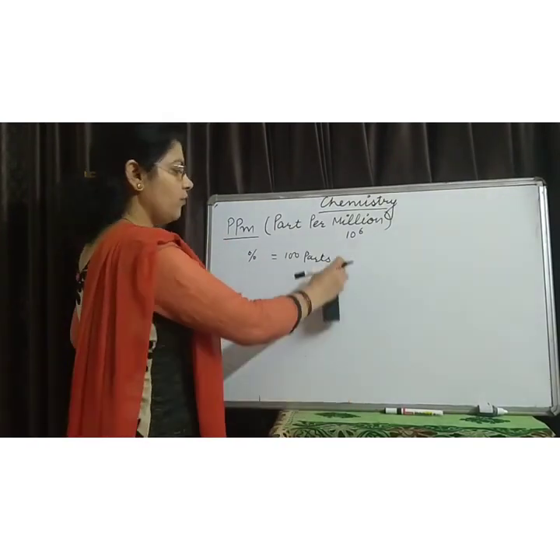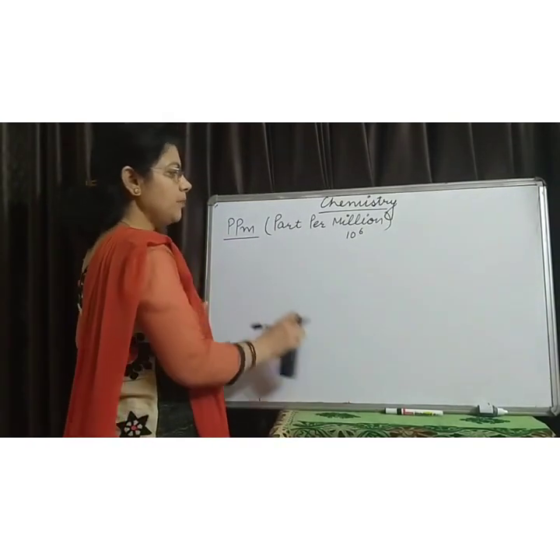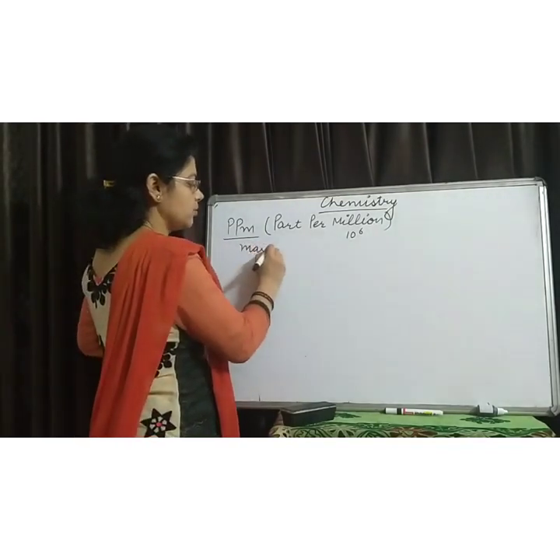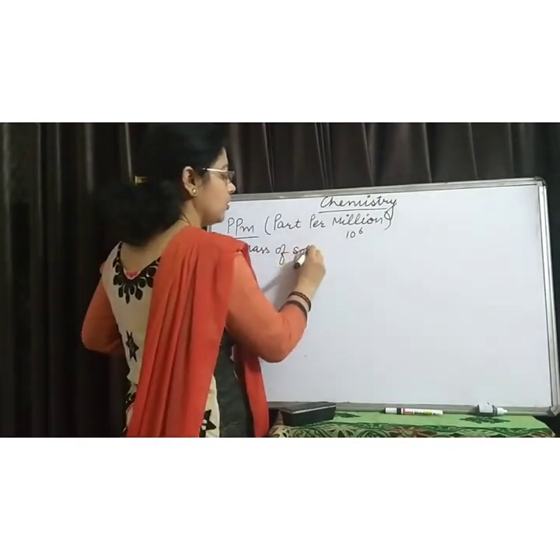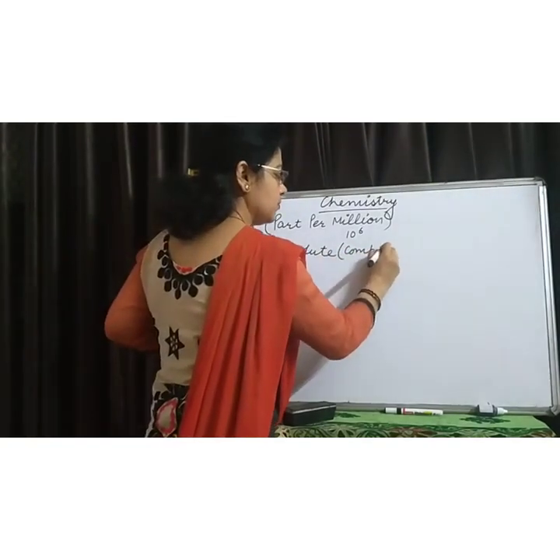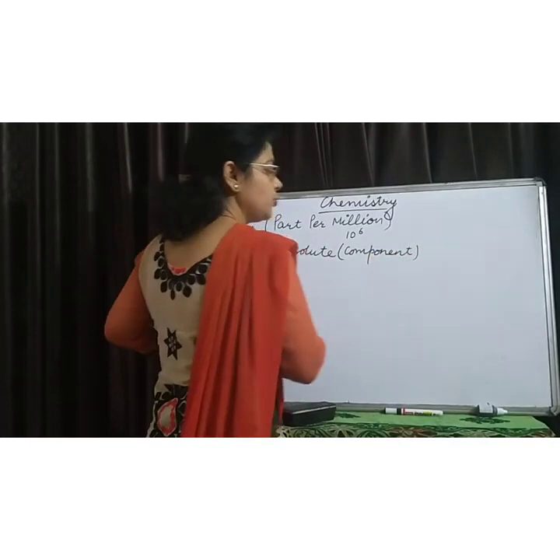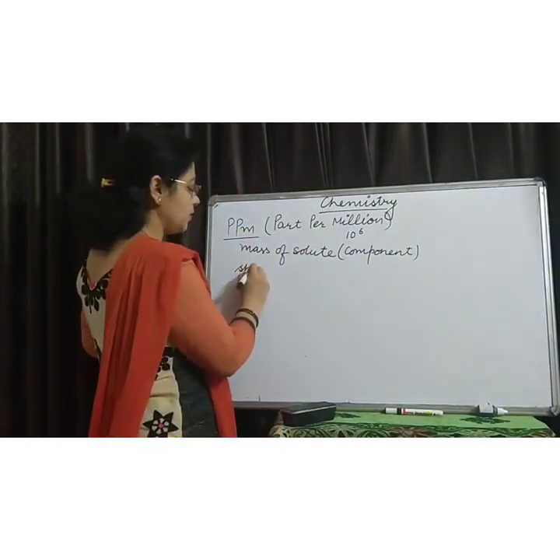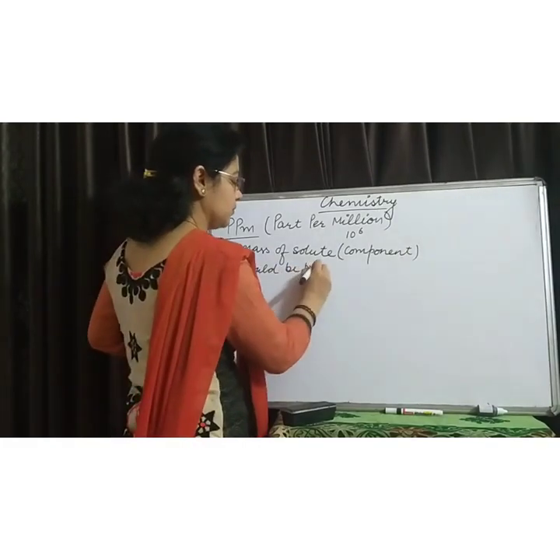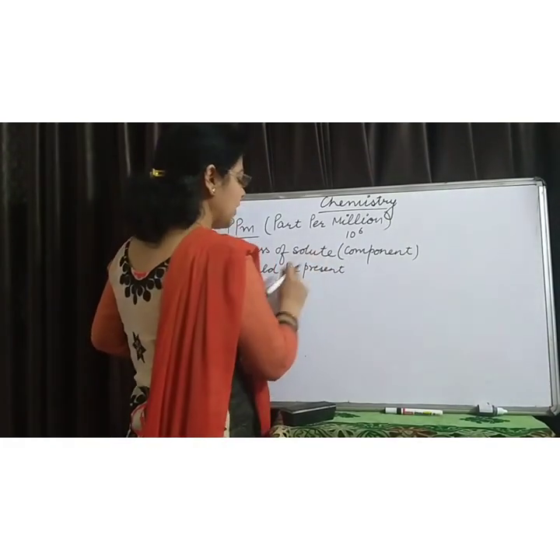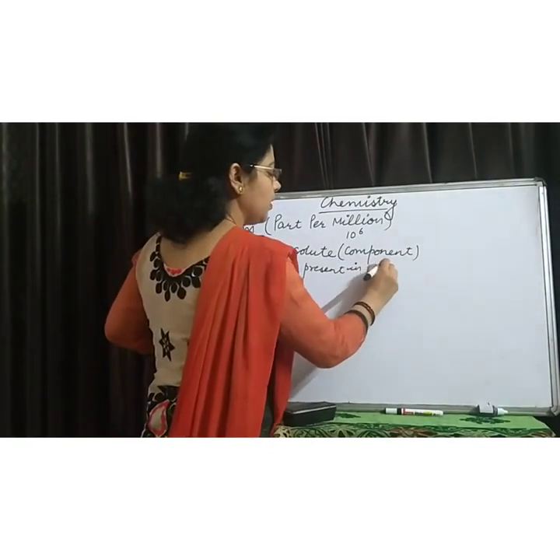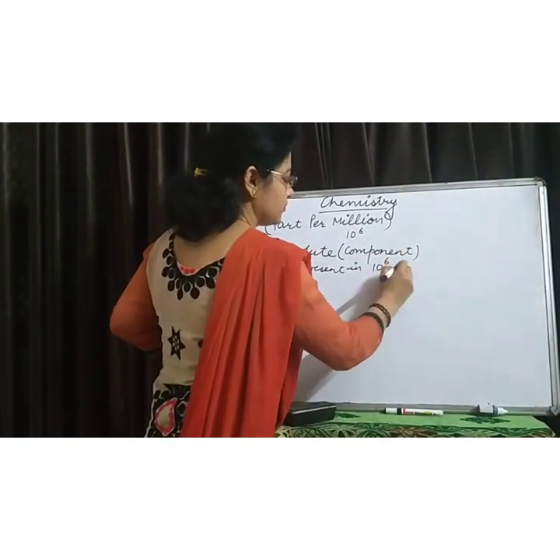Therefore, we define ppm as the mass of the component that should be present in 1 million of the solution.